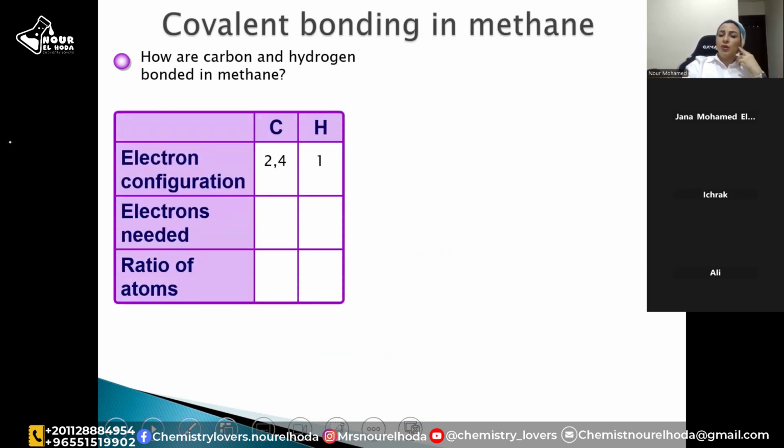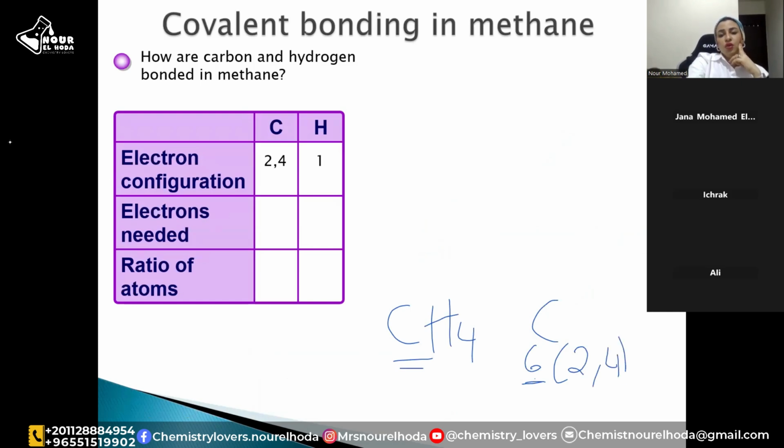Okay. But what about methane? Methane is CH4. So it's only one carbon. The carbon is 2 and 4, since it is 6. Since carbon has 4 electrons in the outer shell, I still need how many more to be stable? I need 4 more to be stable.